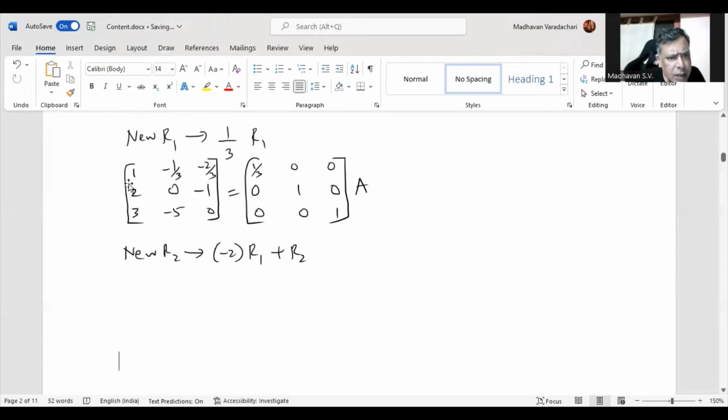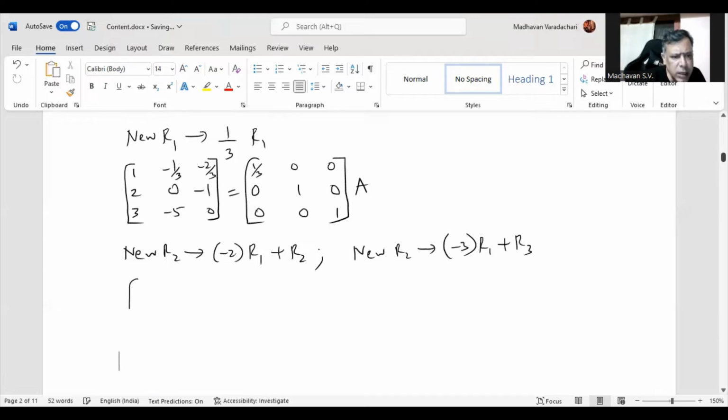If I multiply the first row by minus 2, this will become negative 2, and then if I add, this will become 0. So it is easy to identify what element we are targeting. This element we are targeting to convert to 0. Since this is already made 1, we take the opposite sign of this number, which is negative 2. Same logic: new row 3 will be minus 3 times row 1 plus row 3.